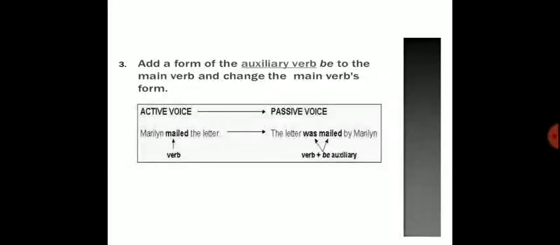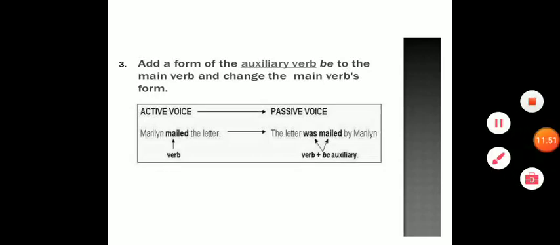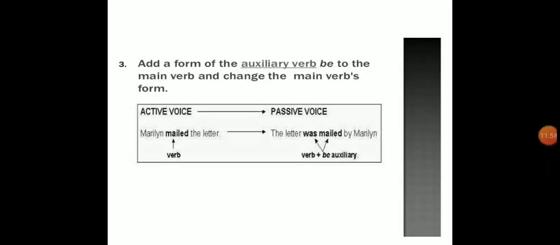Okay, so one more time let me repeat all the steps when you are going to convert the active voice into the passive voice. So first step is simply exchange the places of the subject and the object. Object is going to be subject, subject is going to be object.